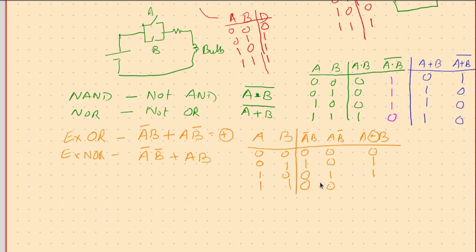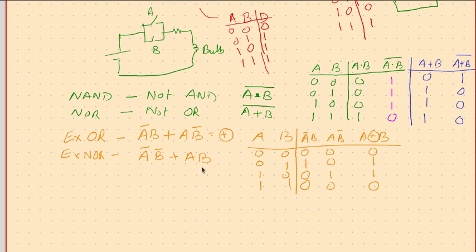There is 1, so output is 1. Both are 0, therefore it is 0. So this is a special property which says that this is going to be 1 only when A and B have different values. If they are not same, only then output will be 1. If they are same, output will not be 1.